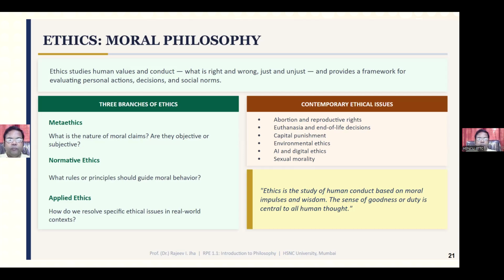Normative ethics provides the principles for behavior. Consequentialism, which judges actions by their outcomes. Deontology, which judges them by whether they conform to duties and rights. And virtue ethics, which asks what kind of person we should become.